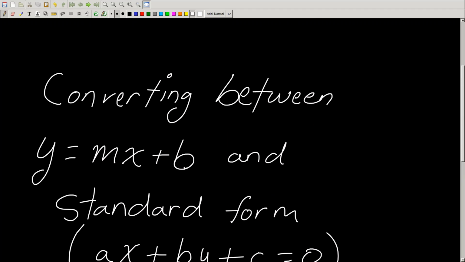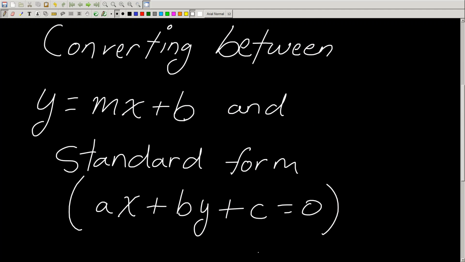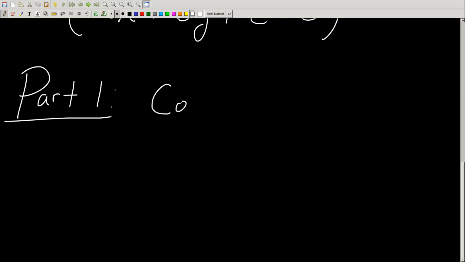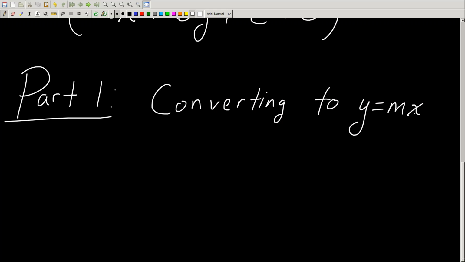It's actually quite exciting. So first things first, this is part 1. Converting to y equals mx plus b.